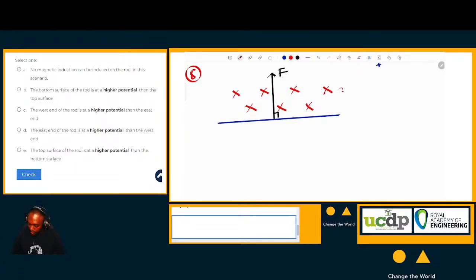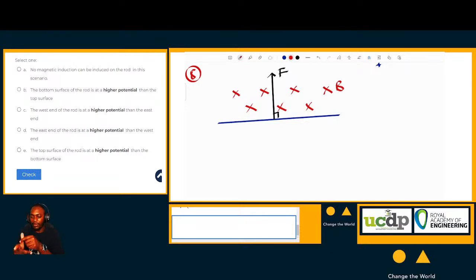So this is your B. We want to establish the direction of flow of current. I prefer to use Fleming's right-hand rule, where the thumb represents the direction of the force, and the first finger represents the direction of the magnetic field, which will be directed into the page, or into the board, or into the screen.